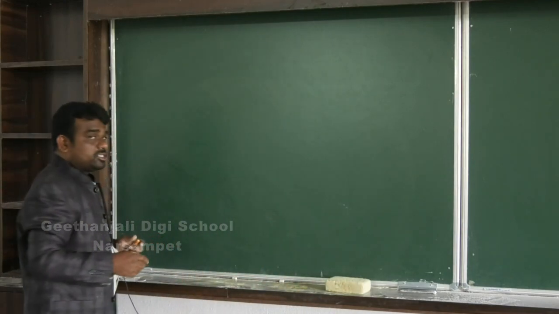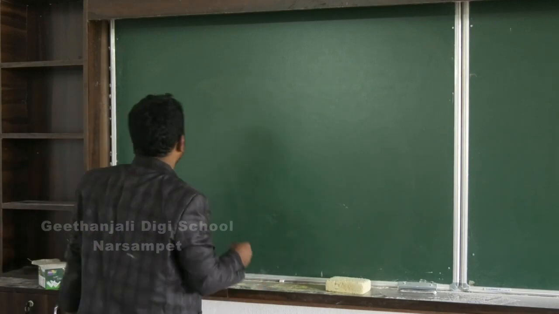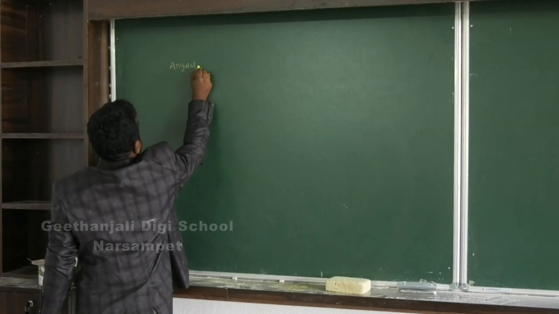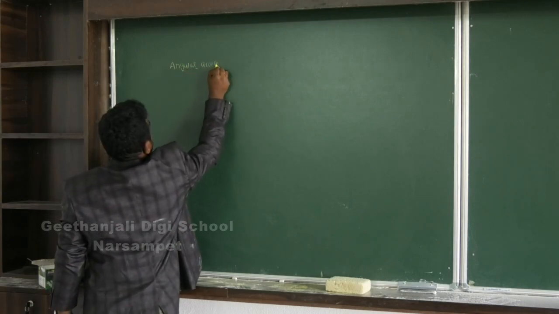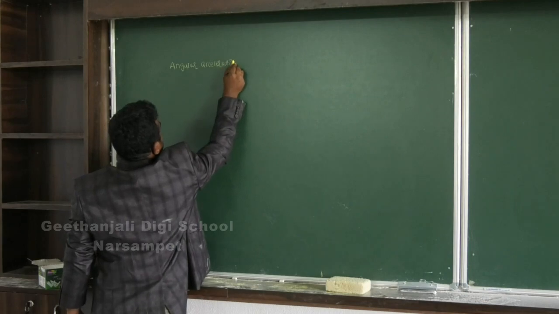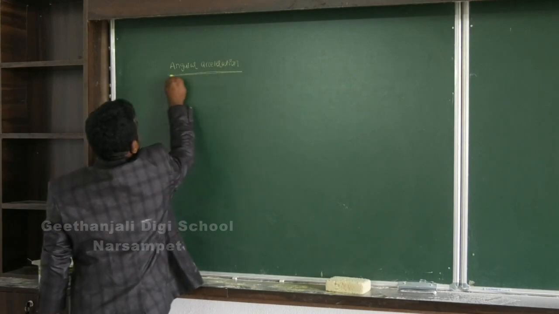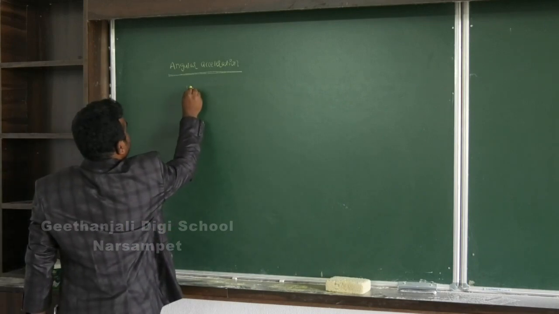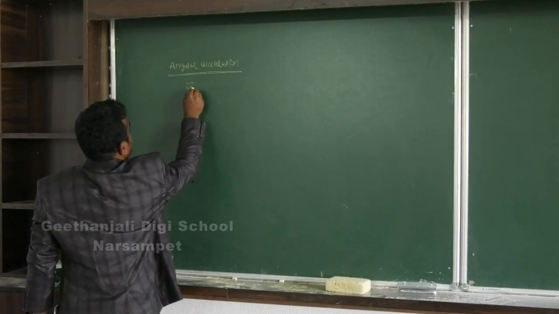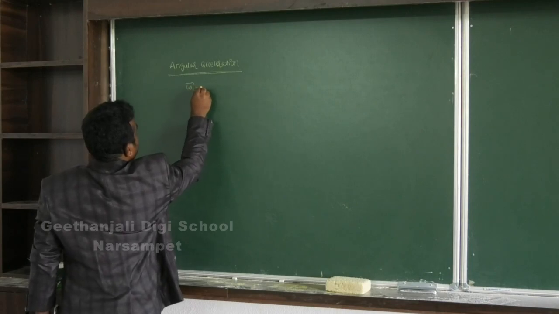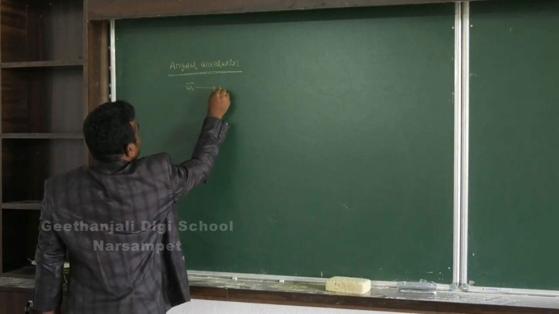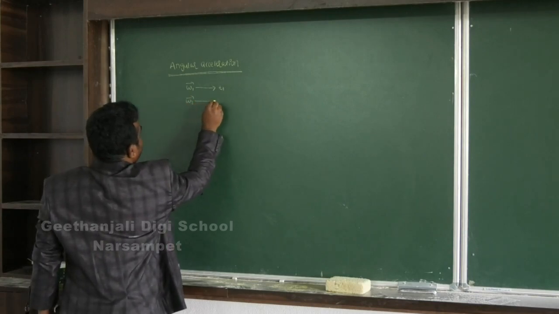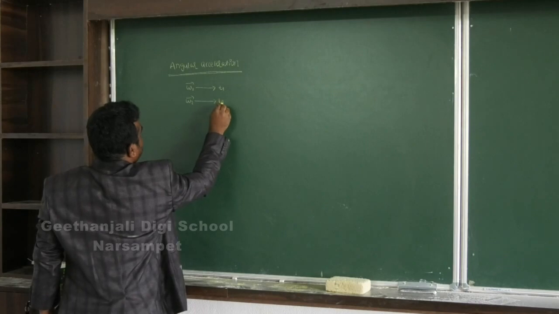Now let us discuss angular acceleration. Suppose omega 1 is the instantaneous angular velocity of the particle at time t1 seconds, and omega 2 is the instantaneous angular velocity of the particle at time t2.